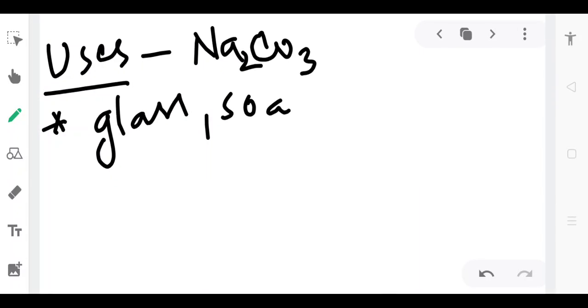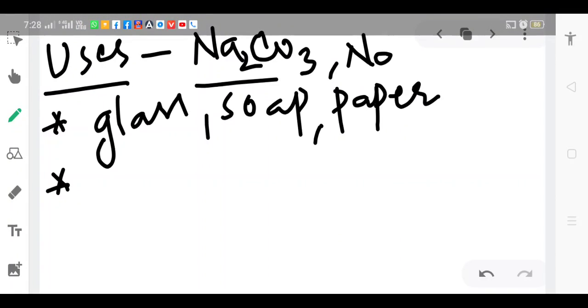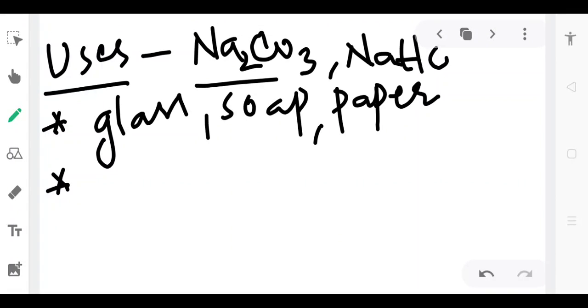Generally, sodium carbonate and sodium hydrogen carbonate are bases, basic salts, and bases can be used for the preparation of soap, glass and paper.